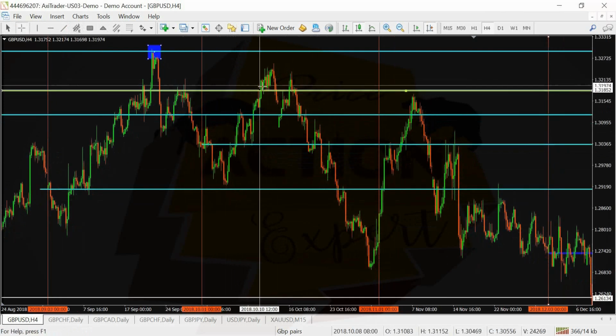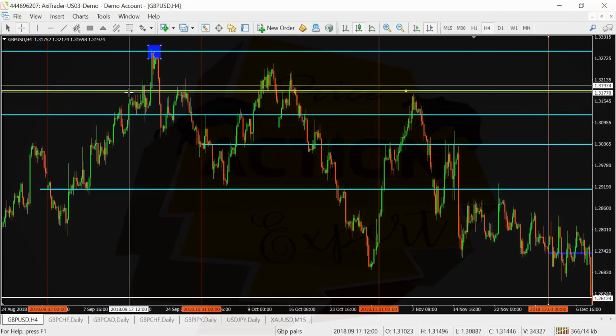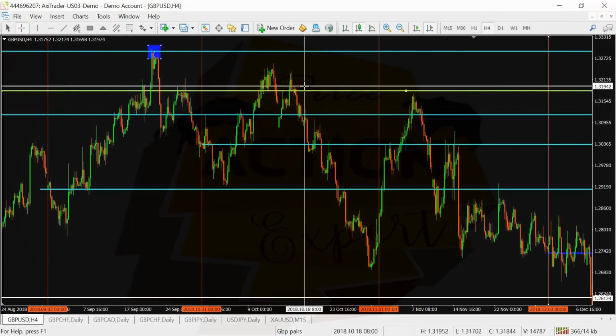See here it tries to break again, it couldn't go past the 6 months of the year opening candle, it drops here. See here, retest every time, breaks, retests, and comes down and goes up again.